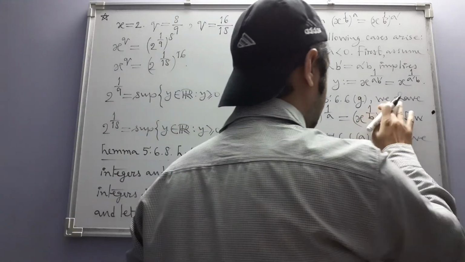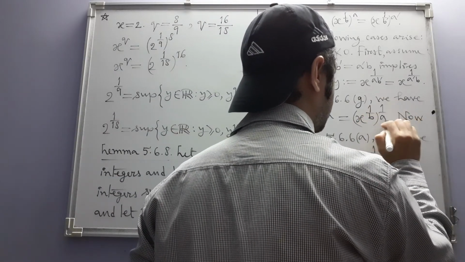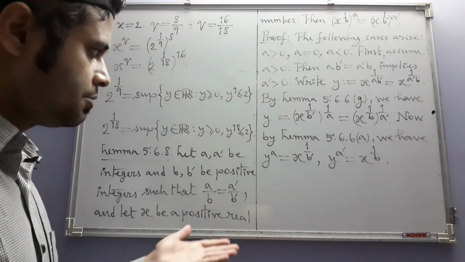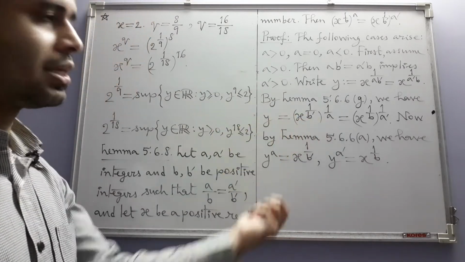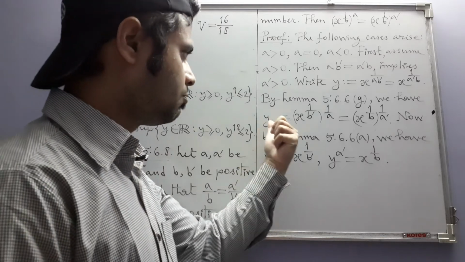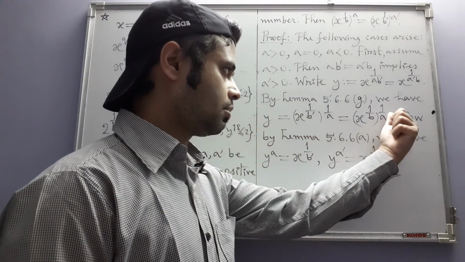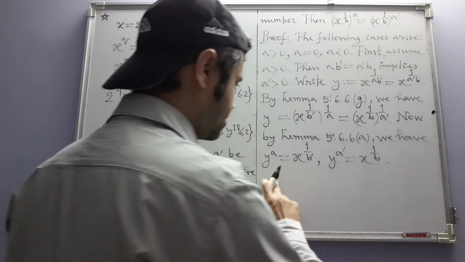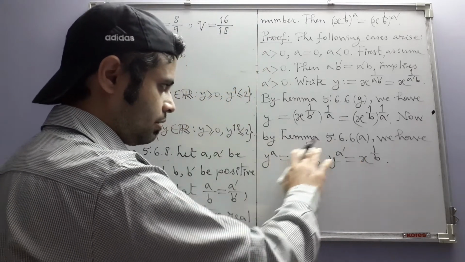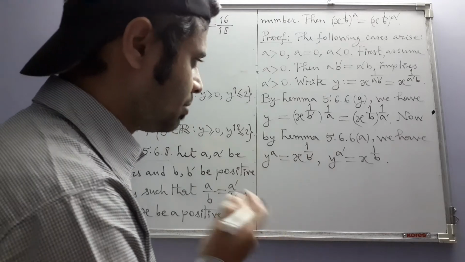Oh, sorry, here 1 by a prime. That is because y is an a-th root of something. At the same time, y is also the a prime root of something. So that's why we have these equations by applying part A of lemma 566.